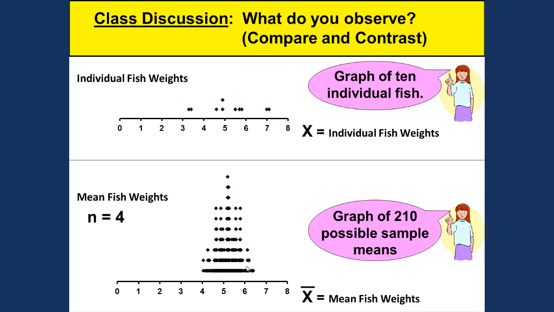What's the same and what's different? You should notice that the sample means are much closer together and that the shape of those is becoming almost like a normal curve. And since the points are closer together, their standard deviation would be smaller.